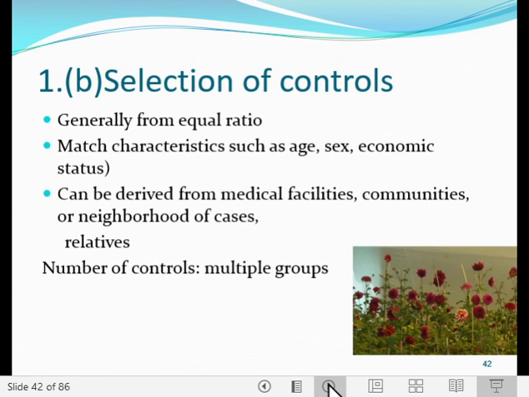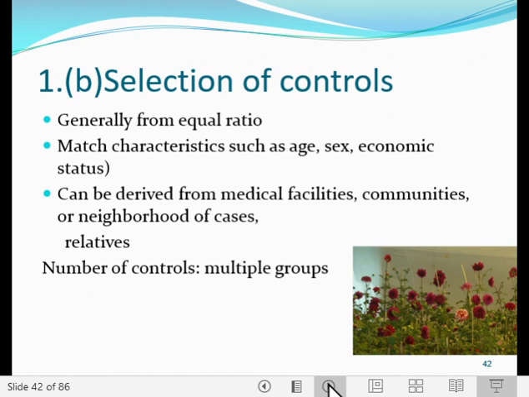You need to match the characteristics such as age, sex and economic status, so that the bias or the error can be reduced. Controls can be derived from medical facilities, communities or neighborhood of cases or relatives. That is, if you are studying any disease, then the control of that case will be the brother or sister or a neighbor who is staying in the same locality, or a patient from the adjacent ward.